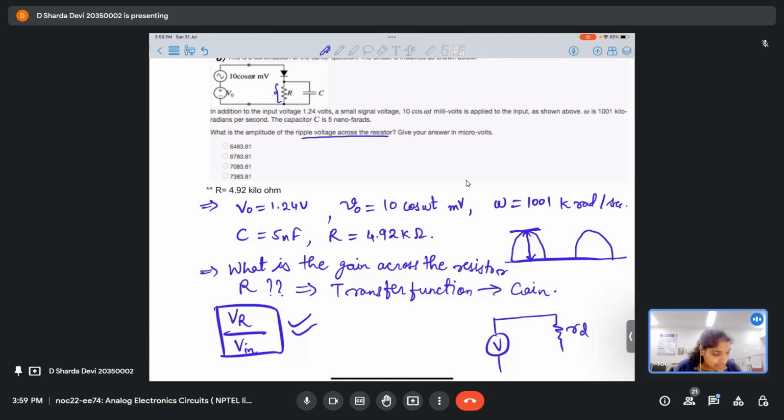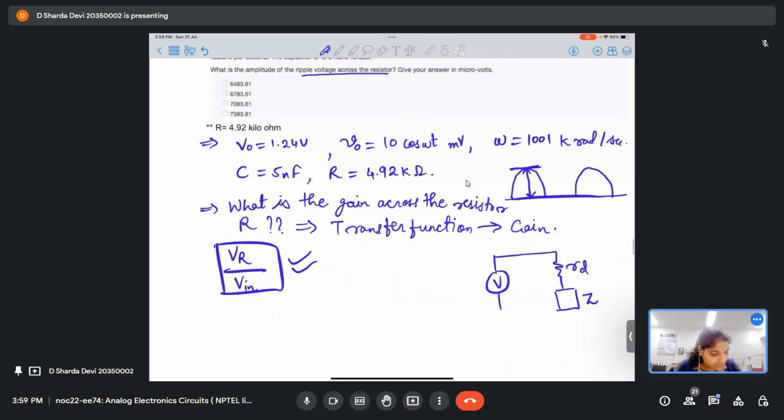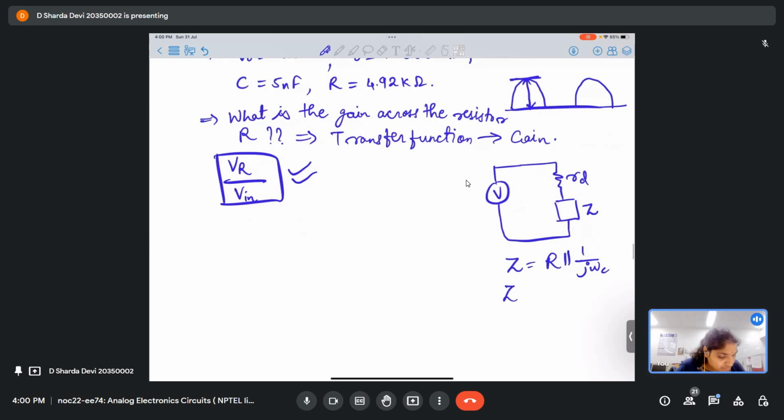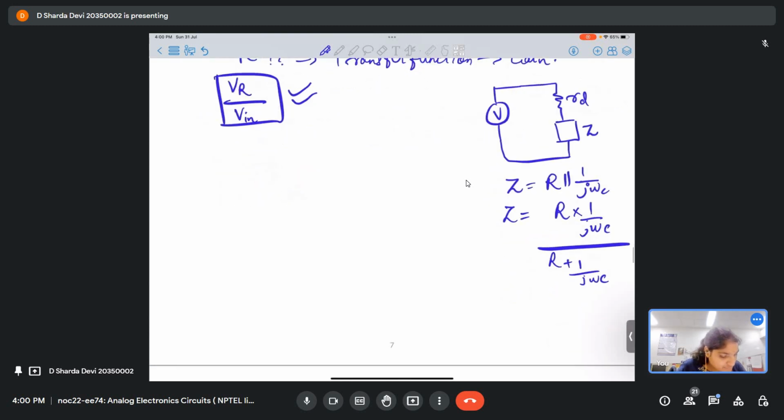Let's say this is Rd and this is Z, where Z consists of R parallel to 1 by j omega C, or if we solve it further, R into 1 by j omega C by R plus 1 by j omega C. So Z is equal to R by 1 plus j omega RC, right?